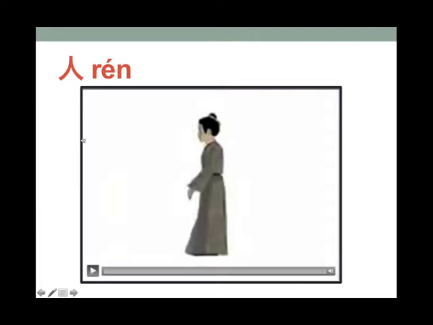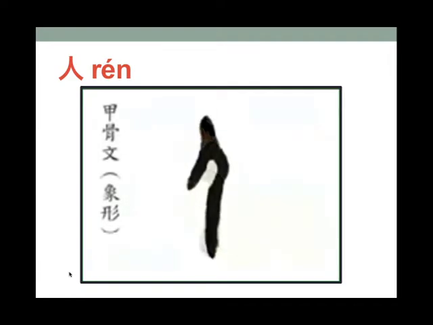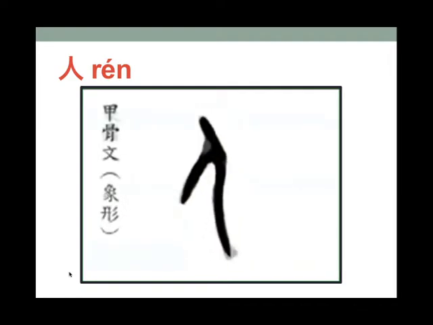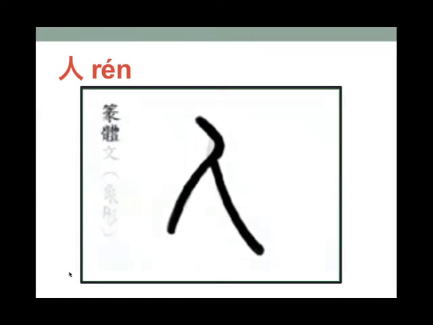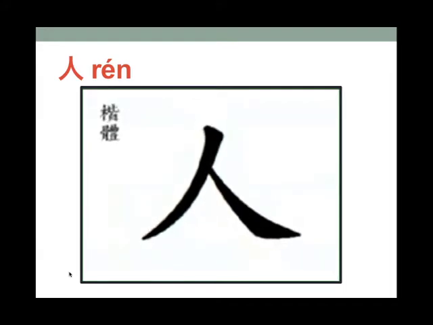Another example of a pictographic character is ren, or a person. The original form, and how it evolved over time until the final version that is written today.